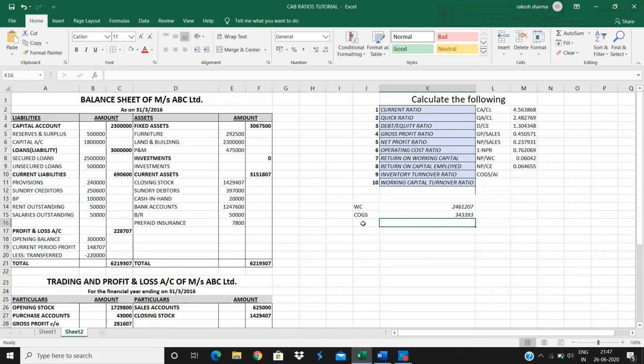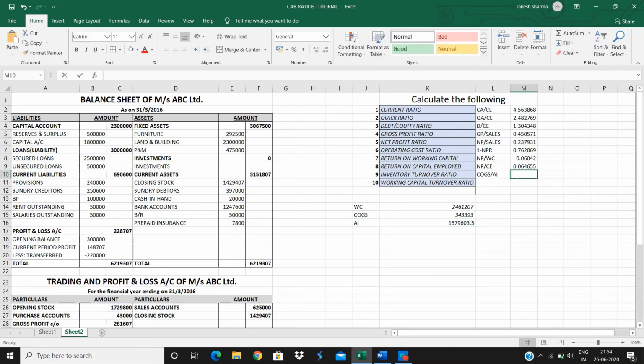Now we'll have to find out average inventory, which is opening stock plus closing stock divided by 2. So opening stock plus closing stock divided by 2 will give us average inventory.